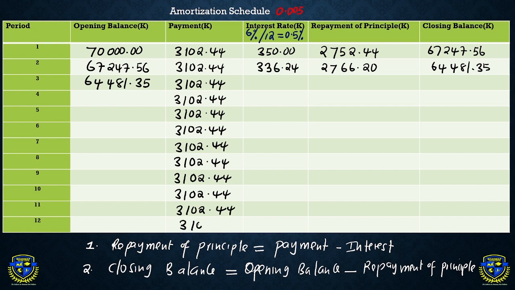So 3,102.44. Okay. Now, the 0.005 or 0.5% of the 64,481.35, that one is going to be 322.41.